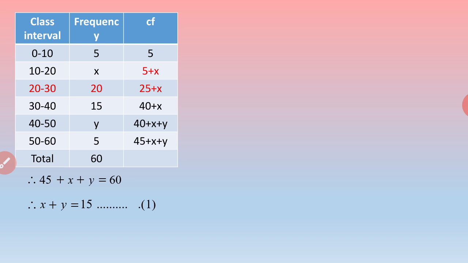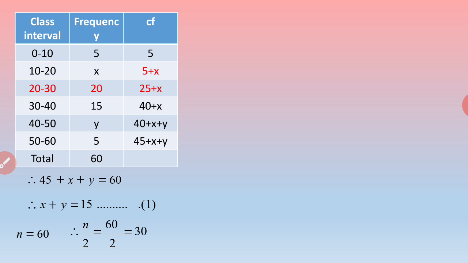A linear equation in two variables is got, that is x plus y equal to 15. N is 60, obviously that is already given, which is the total of frequency. So we will get n by 2 equal to 30.